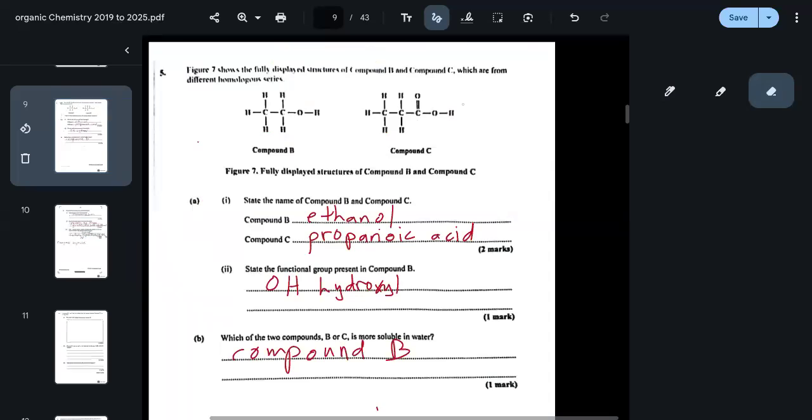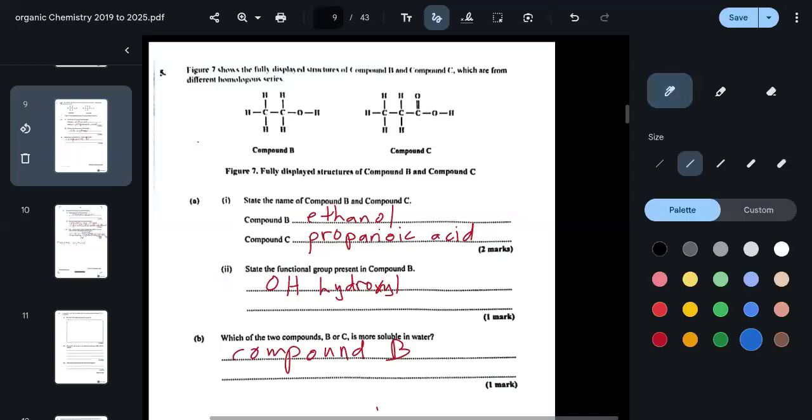All right. So to get the ester, which of the compounds should we take the OH from? Sir, the carboxylic acid. Right. So the OH will come from this and the H will come from this. But remember, we always put the carboxylic acid first.